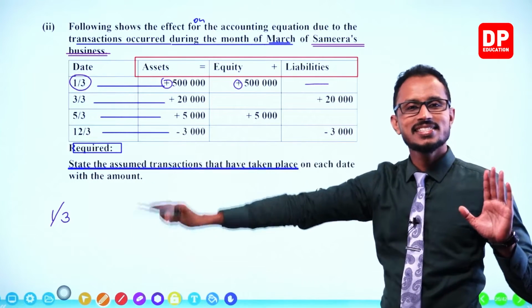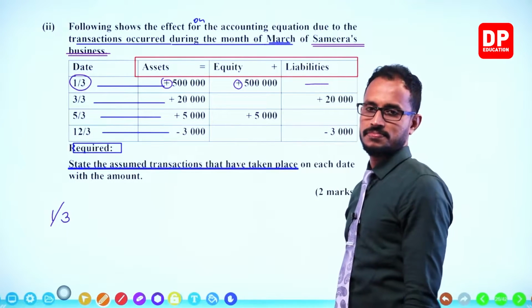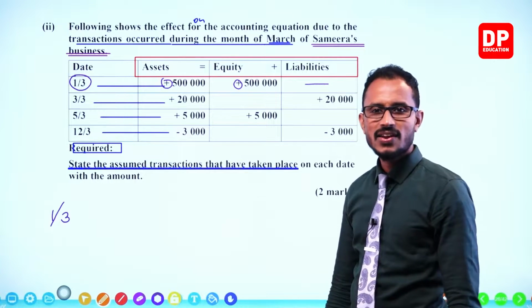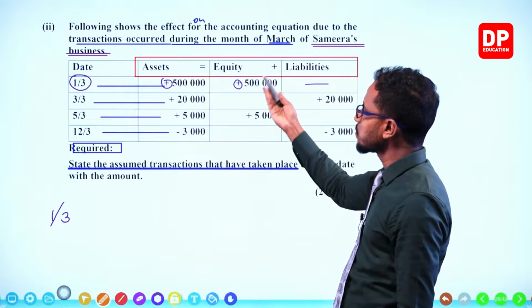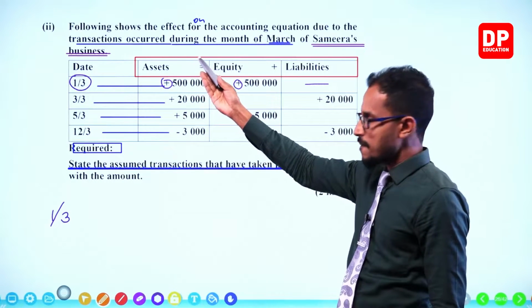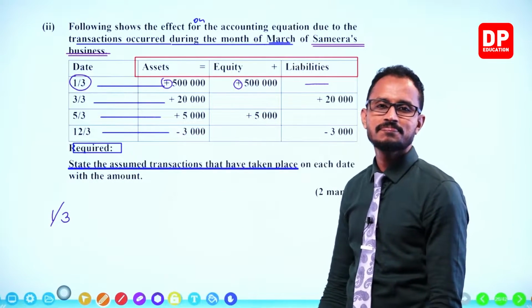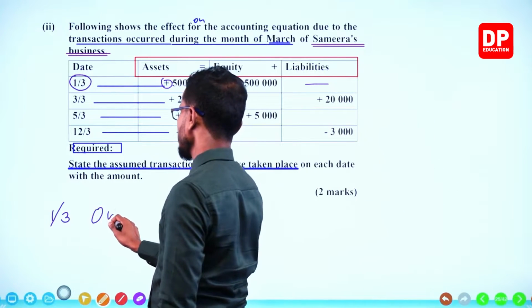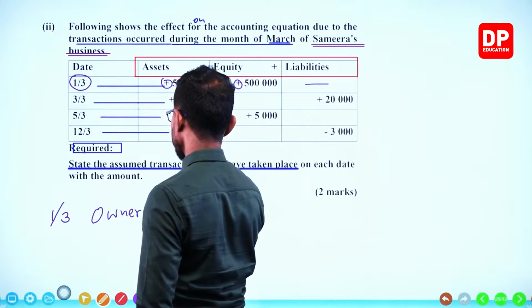Nothing in liabilities. Easy, right? Owner has brought in 500,000 in cash as capital. Simple, right? Owner has invested.